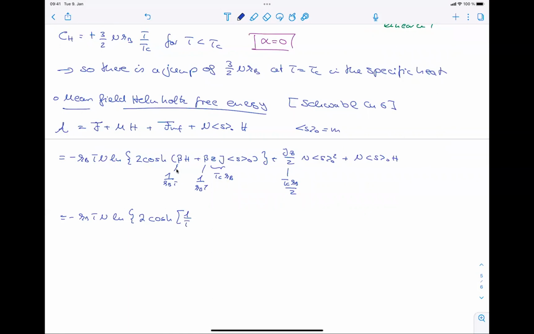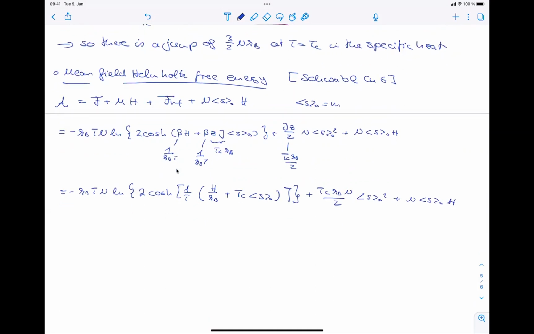Then I can pull out a 1 over T, and h over k_B plus the k_B cancels, so I only have T_c and the magnetization per spin left. That's T_c k_B N over 2 plus N s h. So this we still need to simplify.